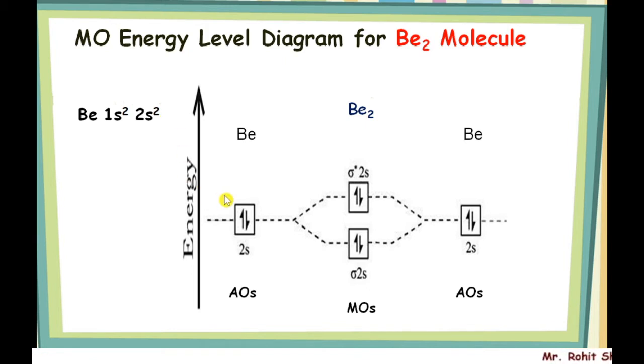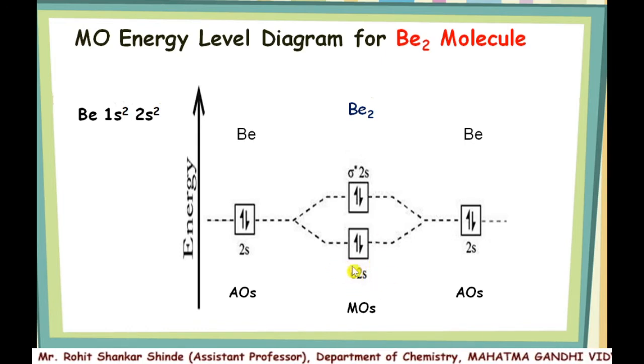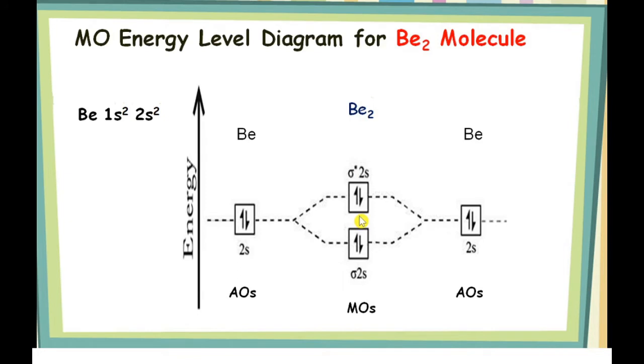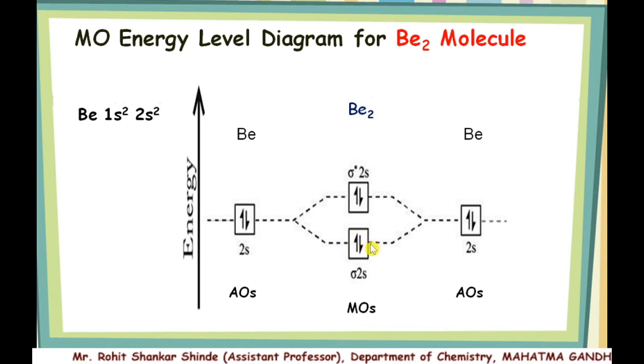Since there are two atomic orbitals of two beryllium atoms, they will form two molecular orbitals: one is sigma 2s and another is sigma star 2s. Filling of electrons takes place by following Aufbau principle and Hund's rule of maximum spin multiplicity. The first two electrons occupy the sigma 2s bonding molecular orbital.